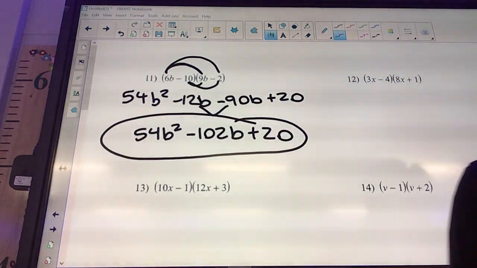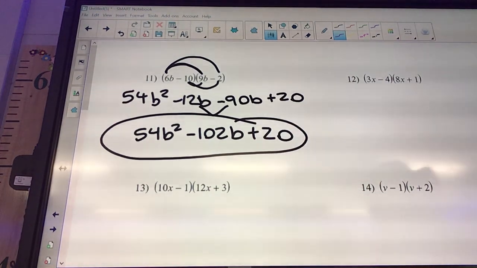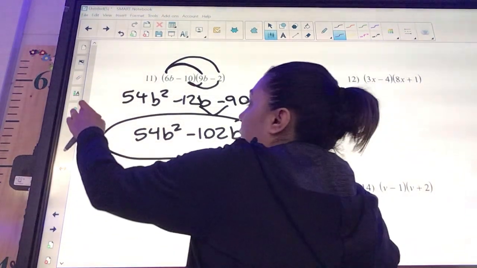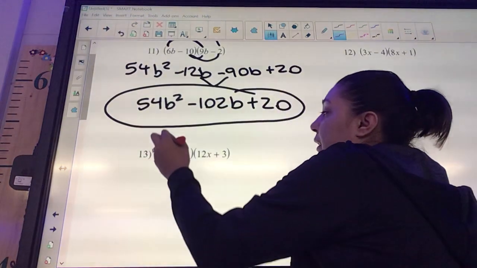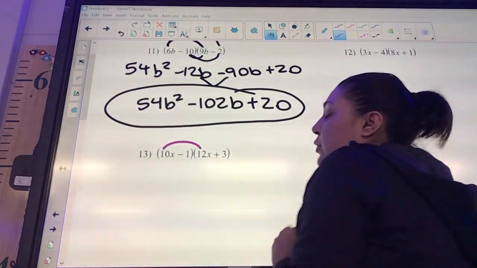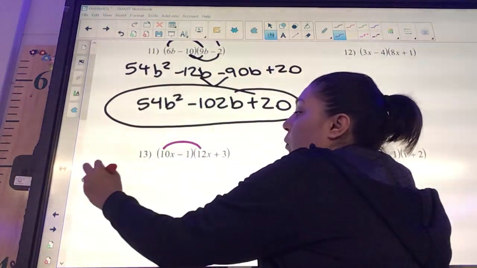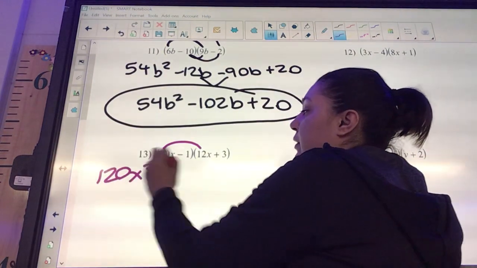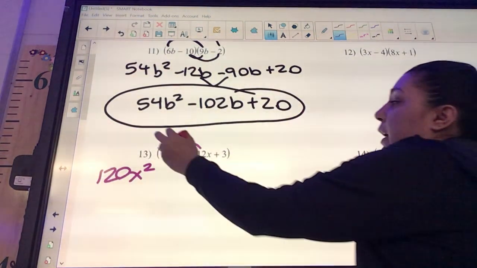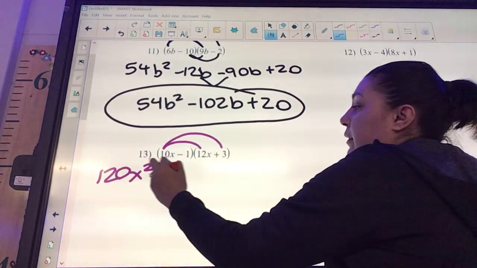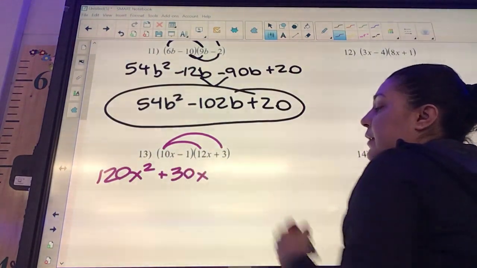Okay, so again, that's nothing new. That's just like what we did yesterday, okay? And that's what the entire front page is like, okay? 13 is about the same. So 10 times 12, 120, and there's 2 x's, so we're going to say x squared. 10 times 3, 30x.